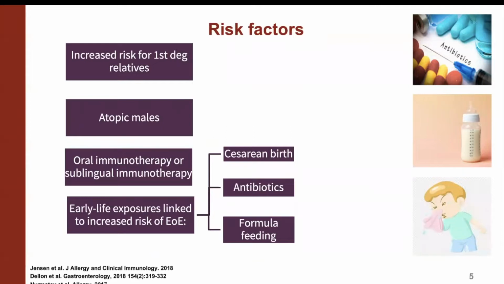Being on oral immunotherapy or sublingual immunotherapy could also be a potential risk factor. And also, certain early life exposures have been linked with an increased risk of EOE, such as cesarean birth and early exposure to antibiotics and formula. And I want to stress that these are not cause and effect, but just some certain factors or risk factors that have been linked with EOE.